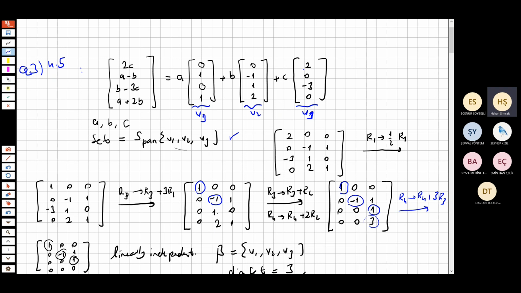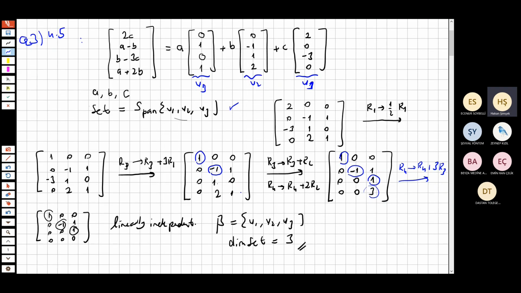Why am I choosing the third one as the first vector? Because the first entry is non-zero. Shortly, I want to reach the echelon form. To reach the echelon form, I should reduce the steps. You see how many steps we have here? 1, 2, 3, 4, and in the fourth step, I can reach the echelon form. If you write the first vector as the first column, you will obtain more than 4 steps.